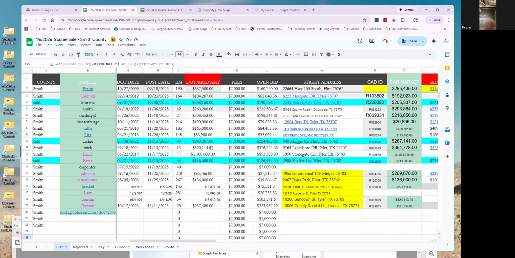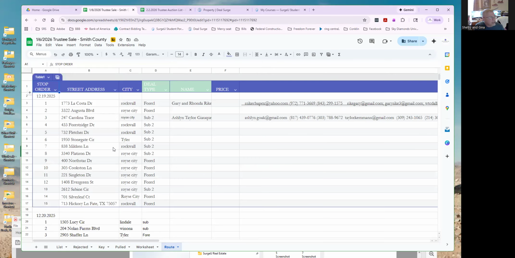And so we take this sheet, and then I go out, and this is a route. Then I go down this route, and before it goes to auction, I go knock on these people's doors and basically say, hey, I would like the opportunity to purchase your home. We have had authorization forms signed, contracts signed, from me going out and knocking on pre-foreclosure doors.